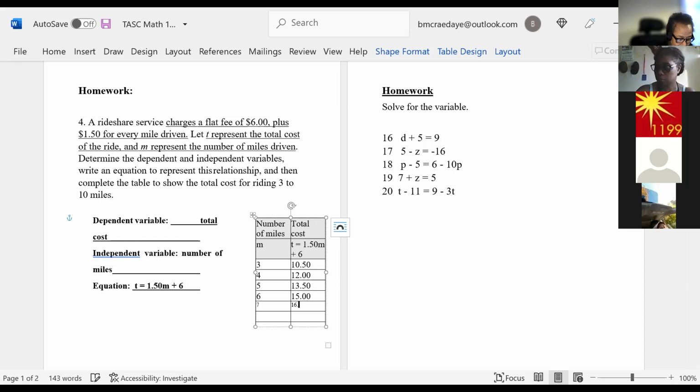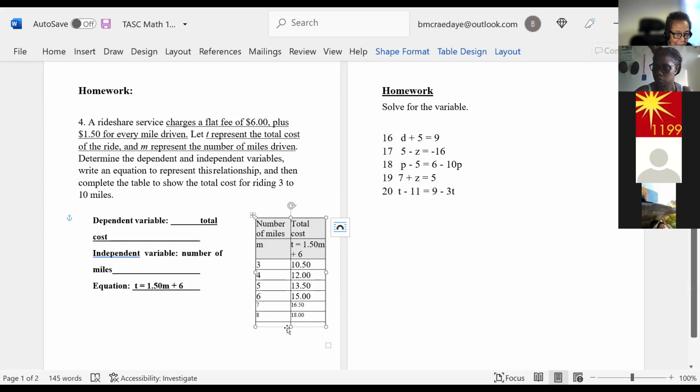And 8 miles, what would that be? 8 miles would be $18. That's right.